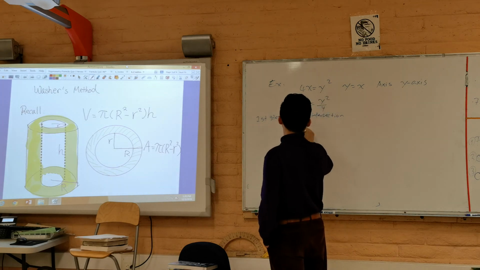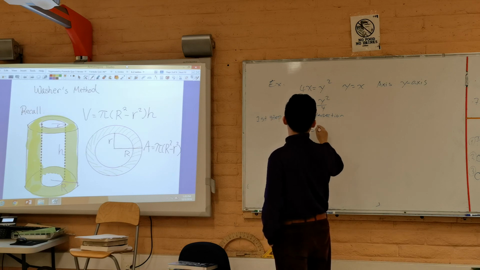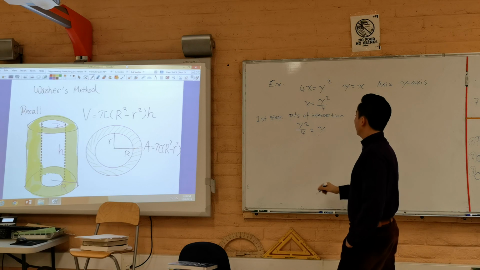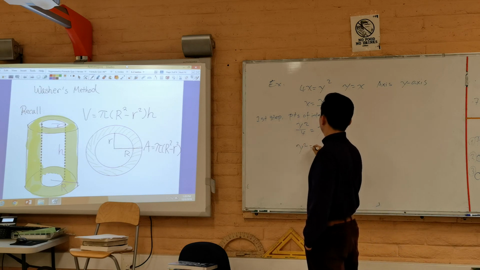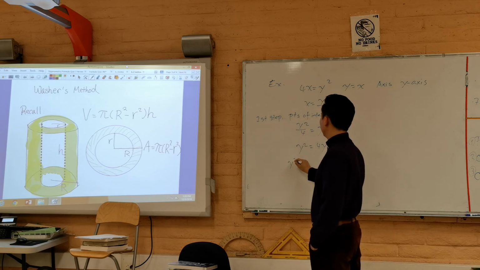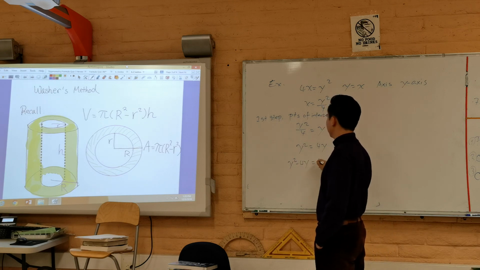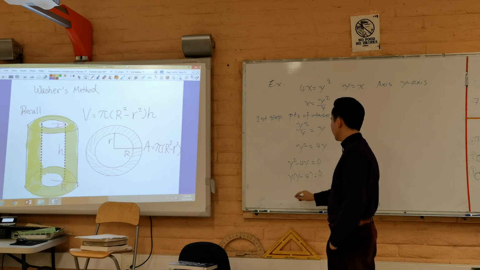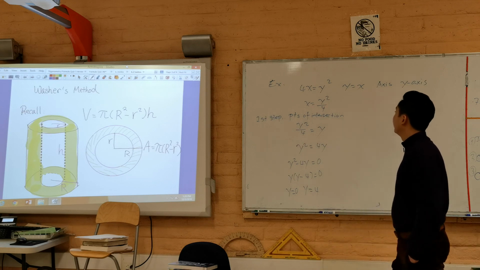So we get y squared over 4 equals y, and then just solve for y. We have y squared equals 4y. Bring everything to one side: y squared minus 4y equals 0. Factor it: y times y minus 4 equals 0. So y equals 0, y equals 4.